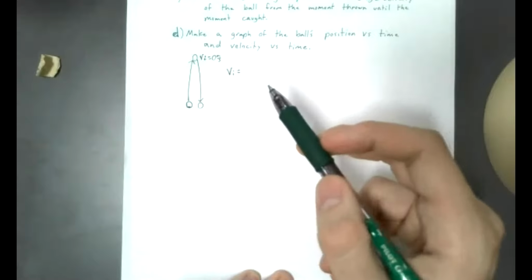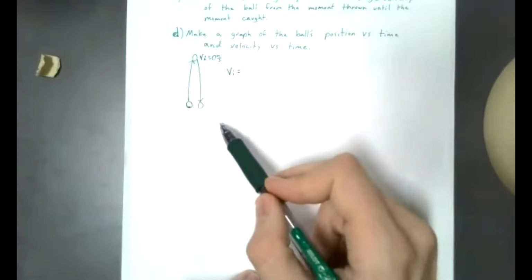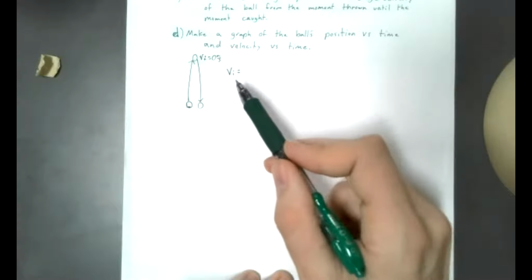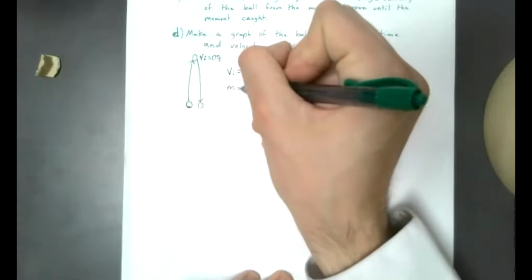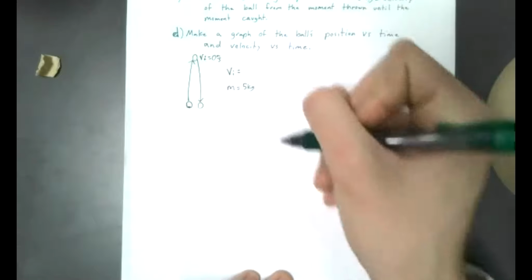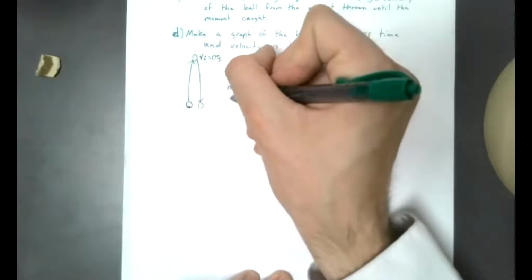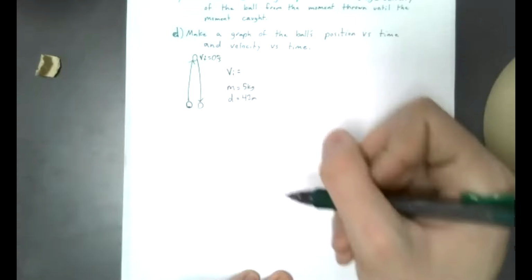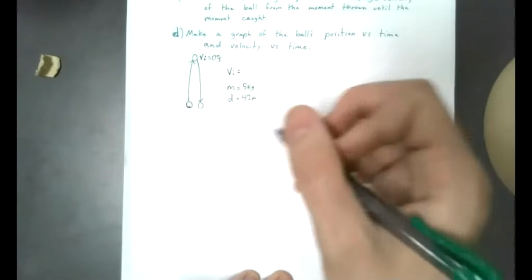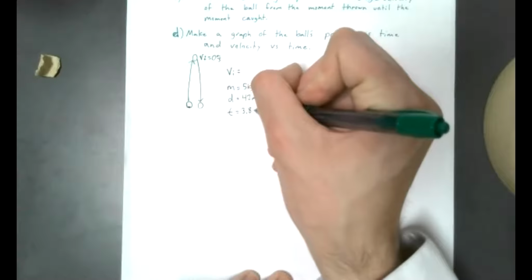Now, that means I have to look at the numbers that I do have and figure out a way with the equations I know to get to this number. So they gave me mass, 5 kilograms. They gave me height or displacement of 42 meters. And it gave me time of 3.8 seconds.